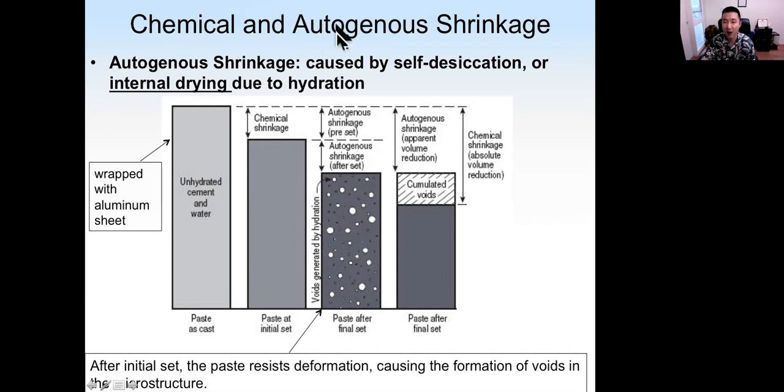And that part we can measure. So autogenous shrinkage is caused by chemical shrinkage because without chemical shrinkage, we will not have the pores, and the pores will not dry out.